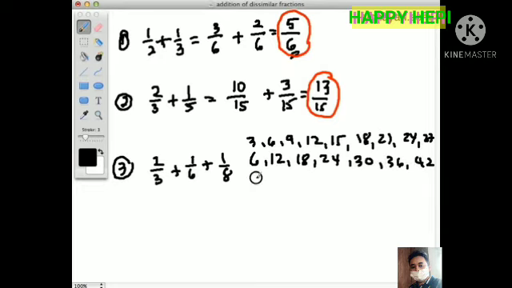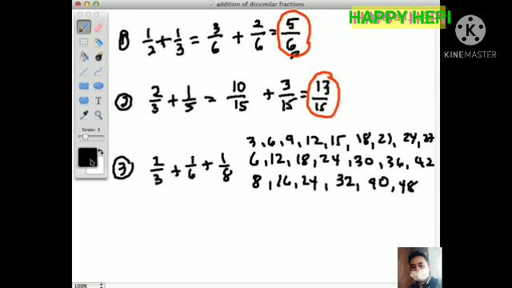Next, the third list should also have a least common multiple, the same as the first and second. So we have 8, 16, 24, 32, 40, 48, and so on.